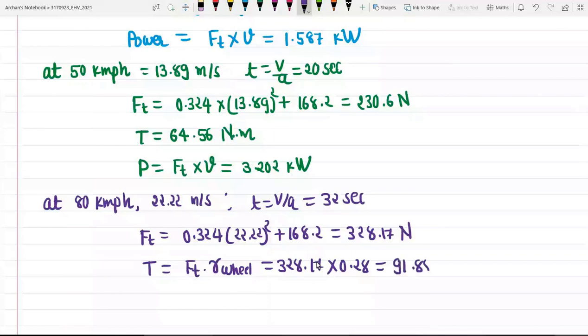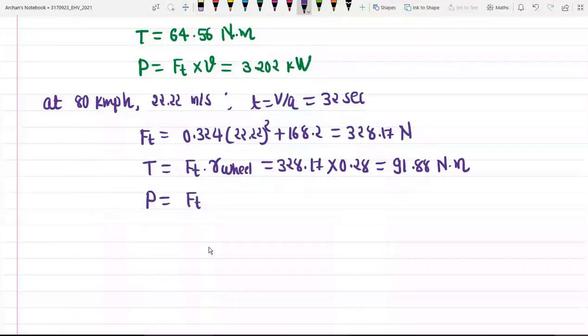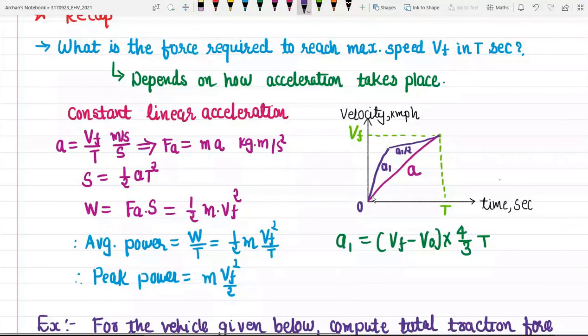And to generate this much torque, the power consumed is given by Ft into v, which is equal to 7.291 kilowatt. So these are the values of the power required if we assume constant linear acceleration. The type of acceleration we are considering here is constant linear acceleration.